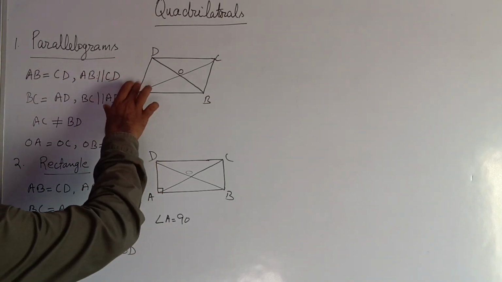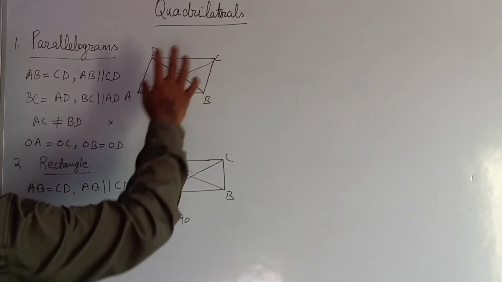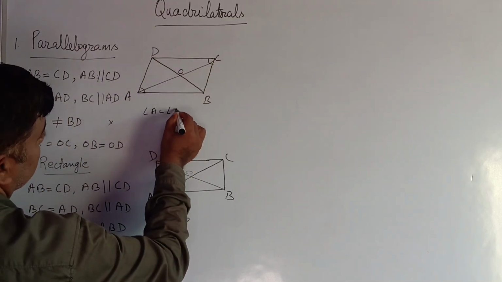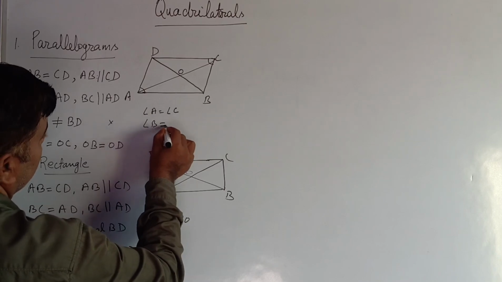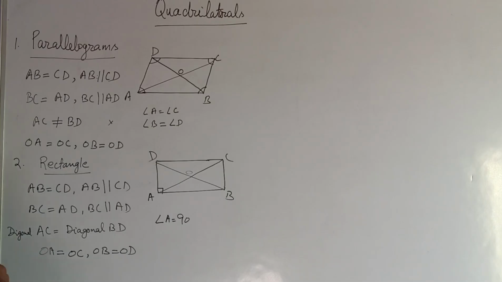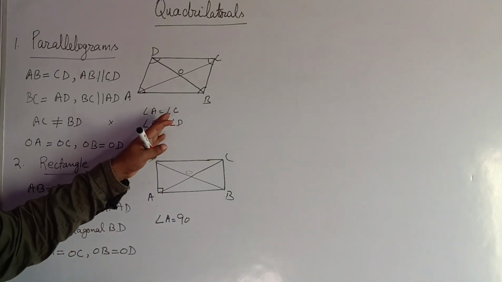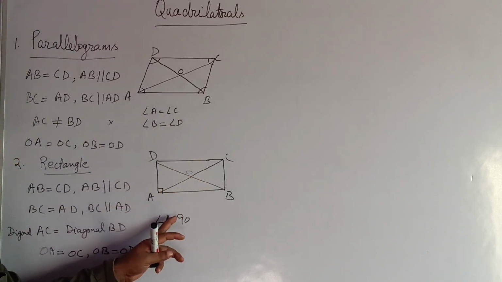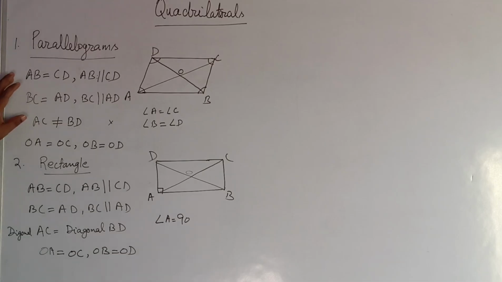While in a parallelogram, opposite angles are equal: angle A is equal to angle C, and angle B is equal to angle D. But these angles will not be right angles, while all the angles of a rectangle will be right angles. So these are the differences between a parallelogram and a rectangle. I hope you have understood well about the parallelogram and rectangle.